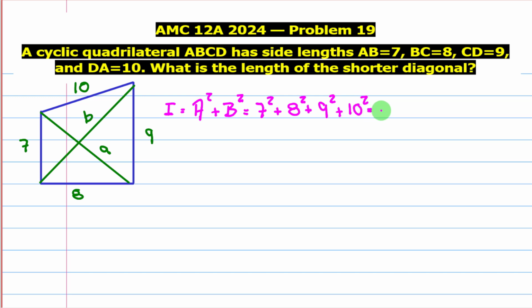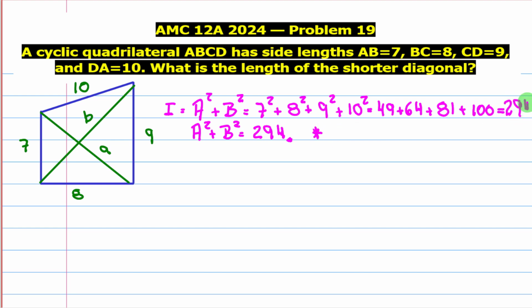That's equal to 49 plus 64 plus 81 plus 100. That's equal to 294. So put that on here. A squared plus B squared is equal to 294. That's the first equation, right?